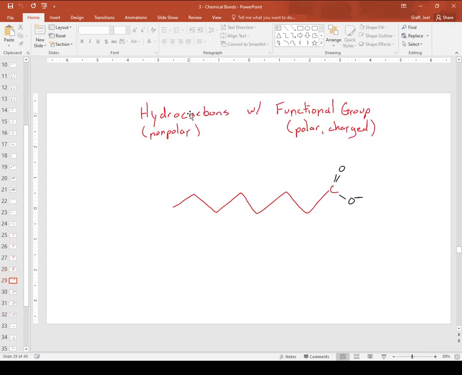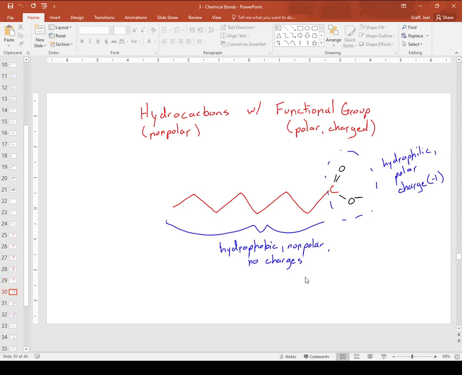Now, hydrocarbons are nonpolar. We just went over that. However, you can put a functional group that is polar or charged at one end of the molecule, or anywhere maybe. But here we've got an example where we have a carboxyl group, a carboxyl ion. It has given up its hydrogen, so it's got a negative charge here. And we've got the rest of the hydrocarbon tail, or acyl chain, if you will, showing that direction.